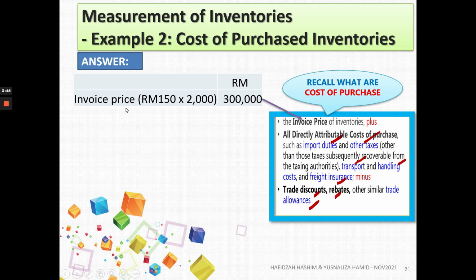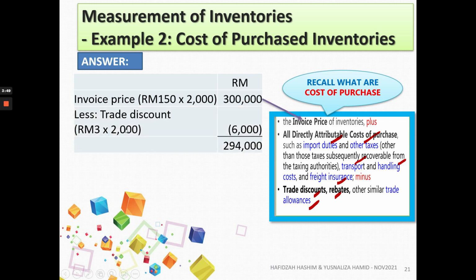The invoice price will be included. The trade discount is 3 ringgit, and this is for 2,000 units, so you have 6,000. Remember, 3 ringgit is per unit, and that gives you the deduction. The rebate is based on 1 ringgit, and the quantity purchased was 2,000 units, so the rebate is 2,000.